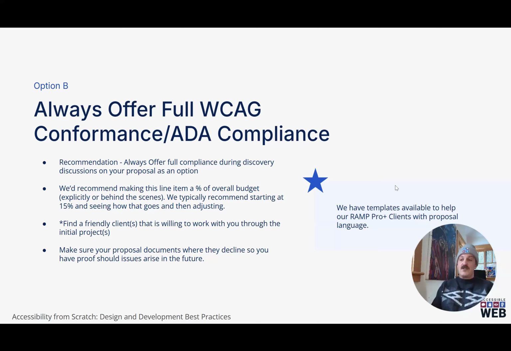And so once you get into manual auditing, you need people putting eyes on and doing testing to make sure a site's accessible. So in order to be compliant with any one of these laws, you need to be WCAG conforming, AA conforming in most cases. And in order to be WCAG AA conforming, you need to do manual audits. So in order to be compliant, there's going to be additional audit work.